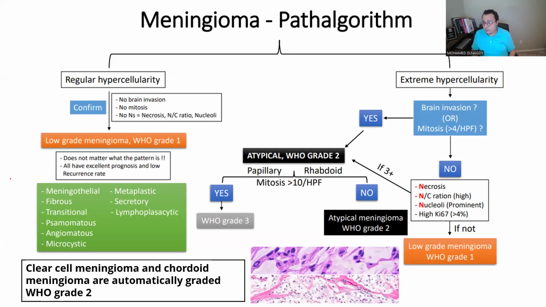Well, it's the most common tumor. And the attending will keep asking you questions. How do you know if this is grade 1 or grade 2? How do you approach a case of meningioma? This is very important. So the first thing you look at in any meningioma slide is the cellularity.